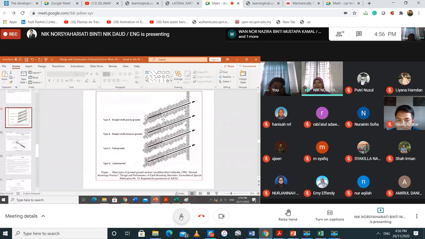Let's say saya tak nak cakap straight shaft gravity grouted ni untuk stiff plate. No, tak boleh macam tu. Dia lebih kepada how it works, dan moreover macam mana you nak apply benda tu. Benda tu adalah ground anchor kita ni lah. Paku kita.